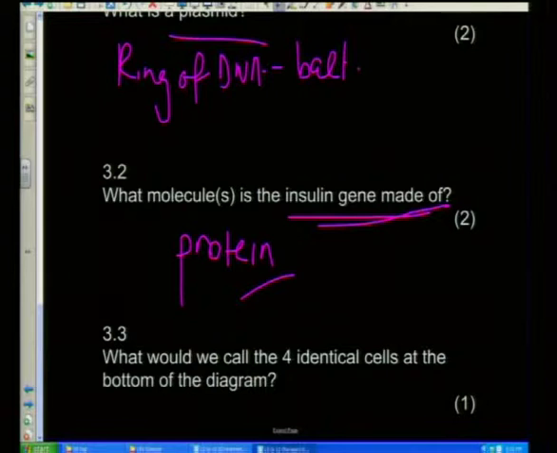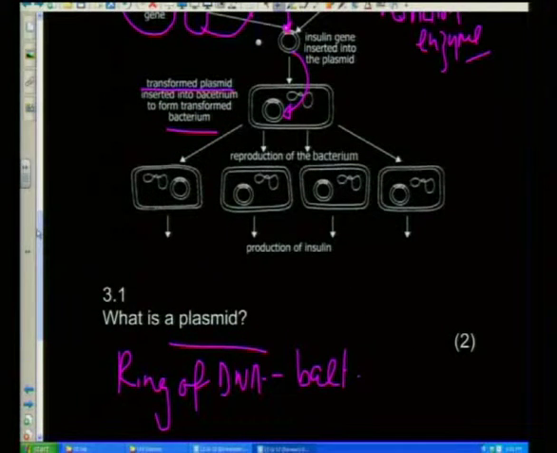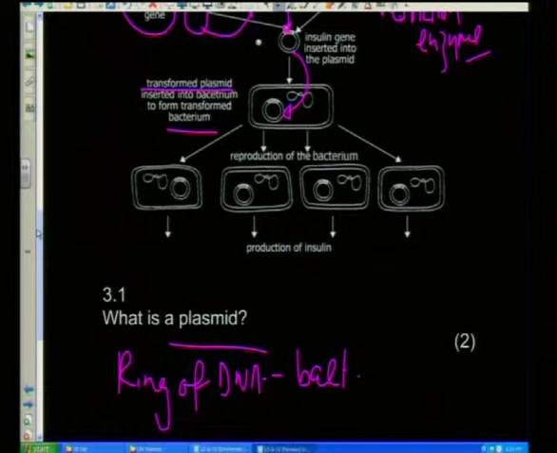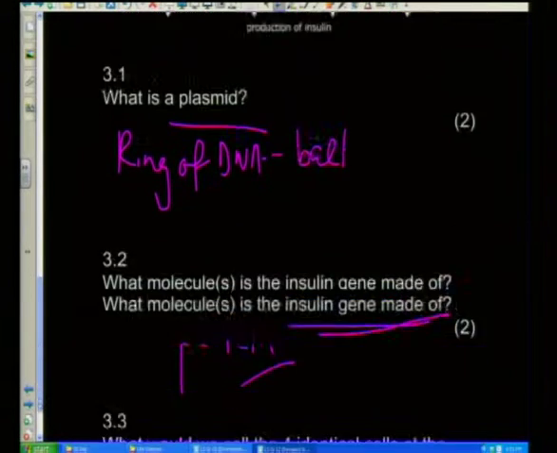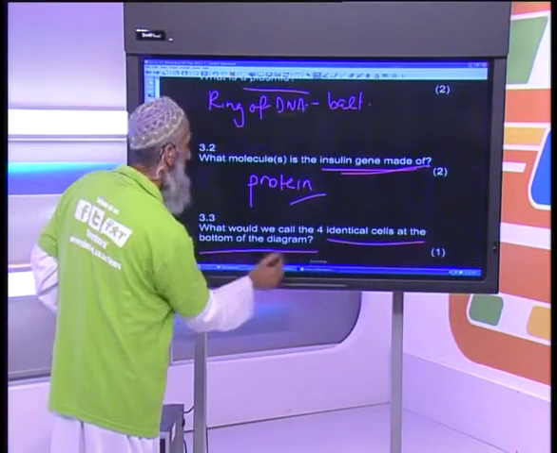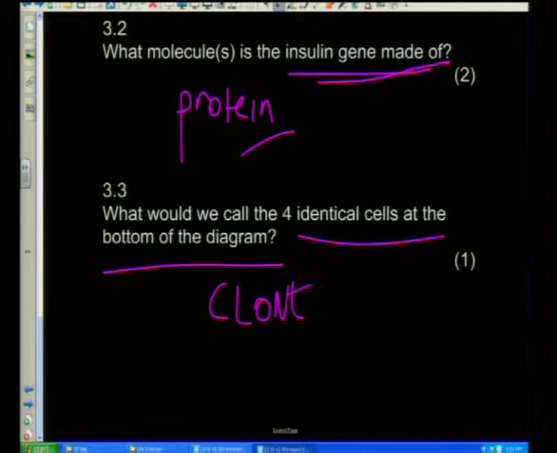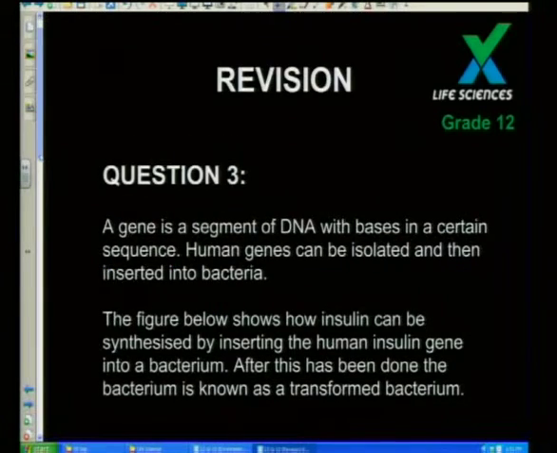Okay? What would we call the four identical cells at the bottom of the diagram? These four cells that came from one mother cell. They are identical copies. And if we use this process to make identical copies of organisms, we call the resultant organism a clone. A clone is a copy of a cell, or of an organism for that matter.